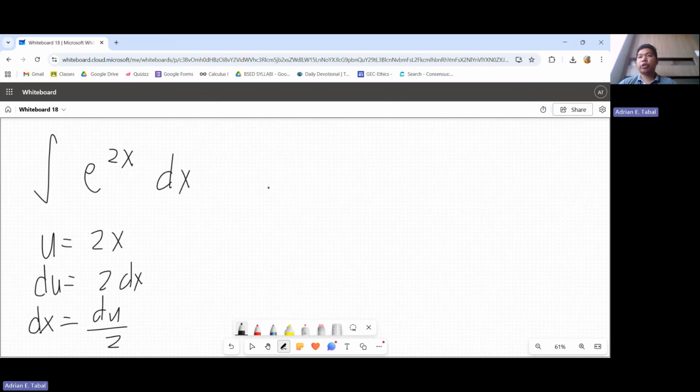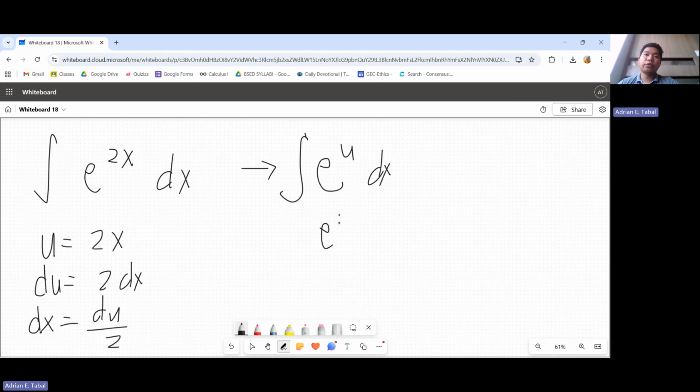Then we substitute u into our function. So we have the integral of e raised to u dx. We have the value of our dx, which is du over 2.